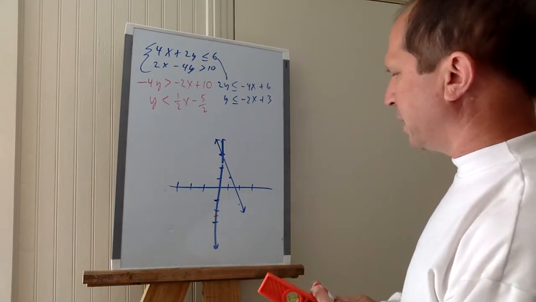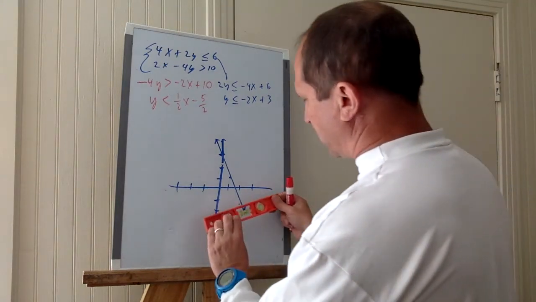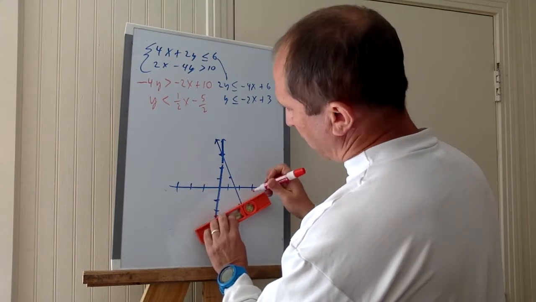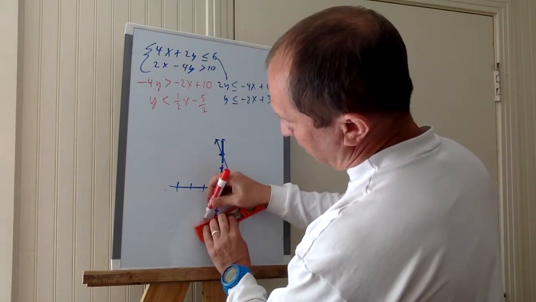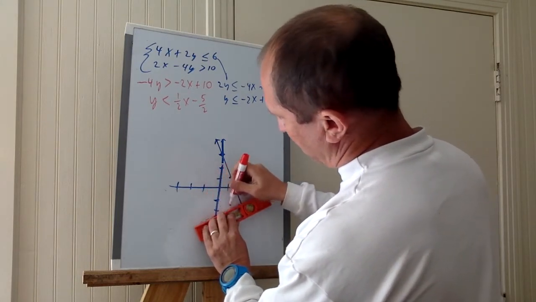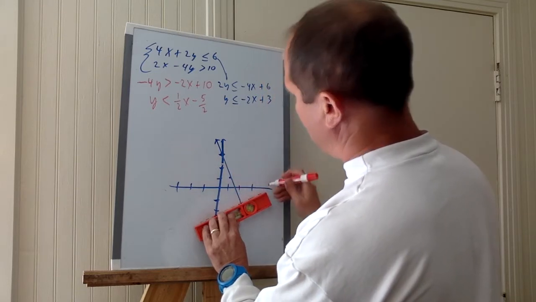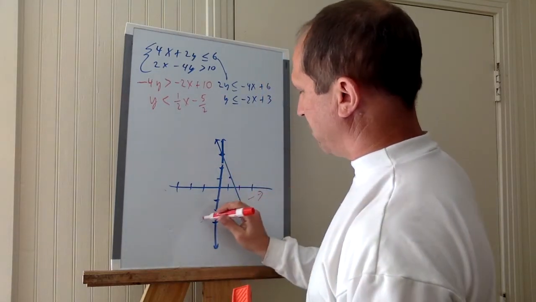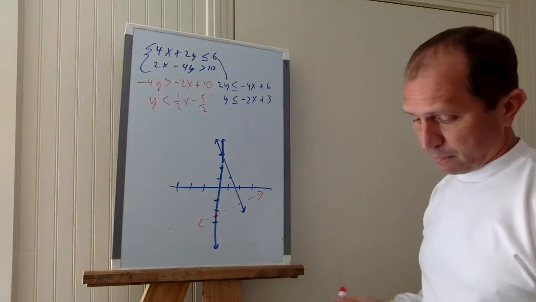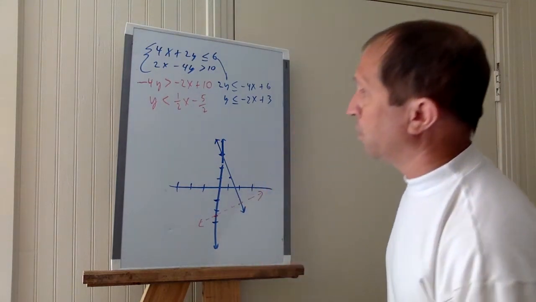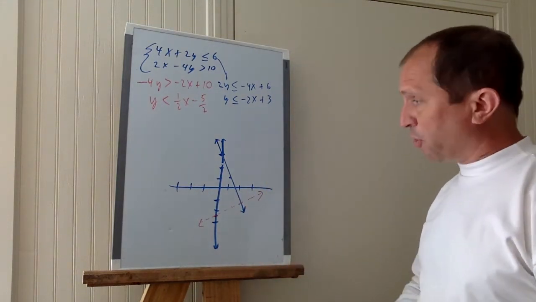Now, on your multiple choice, sometimes that's going to be the giveaway of what the correct answer is and what the incorrect answer is. If you're supposed to have a dotted line and you don't, the shading may not be where you can find the problem. It may be in the other. So we are going to be less than both lines.